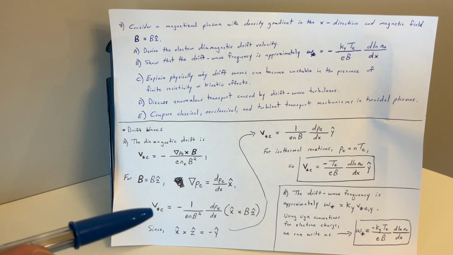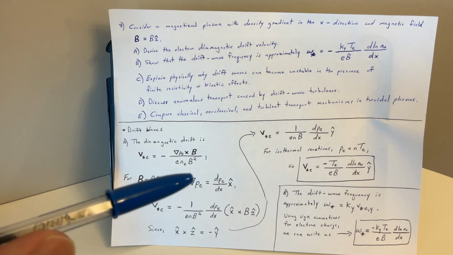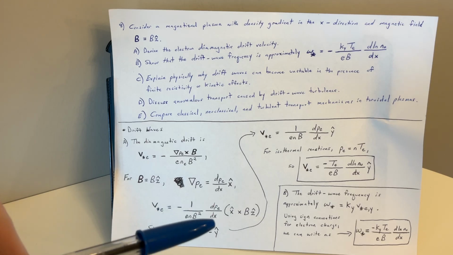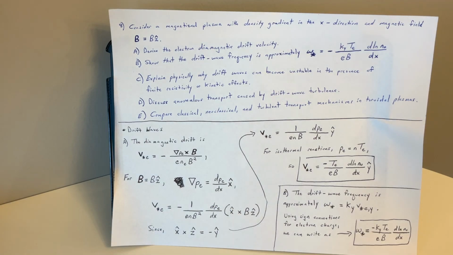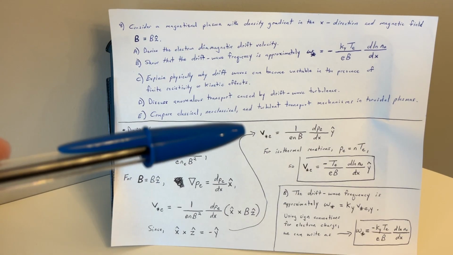So v sub star e equals negative 1 over e n B squared, dp sub e/dx times the quantity, cross product of x hat and B z hat. Since the cross product of x hat and z hat equals negative y hat, we can do the following.